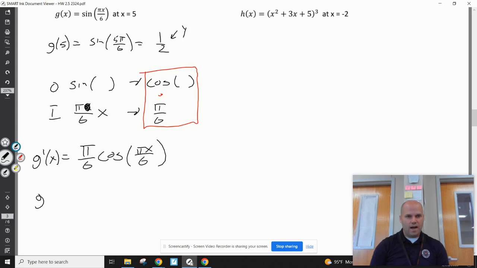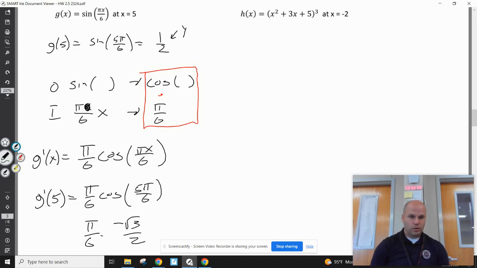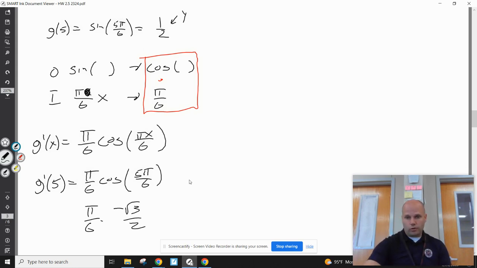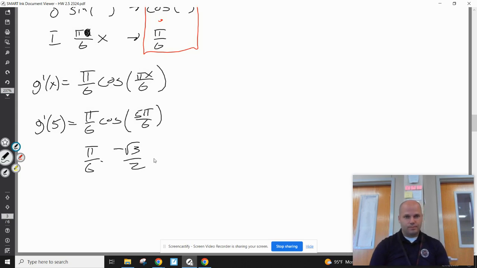Plugging in 5, I get pi over 6 times negative root 3 over 2. Yo, that's gross, but that's the slope. Negative root 3 pi over 12.